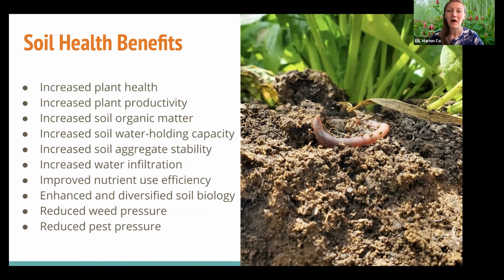So there's all of these benefits that I think on a list can sometimes be overwhelming. What does that actually mean in practice? And what I love about the demonstrations or assessments that you can do on your own land is that you really see what that looks like and what those differences are in practice.